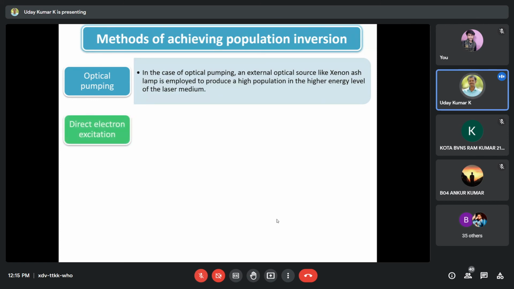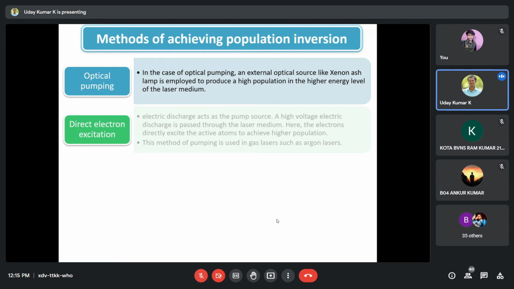There is another method of pumping called direct electron excitation, which means, you remember the tube lights? Electric discharge will take place. You apply the voltage, you will have a cathode and anode. In the tube light, when you apply the switch, you are applying a large amount of DC voltage between cathode and anode.